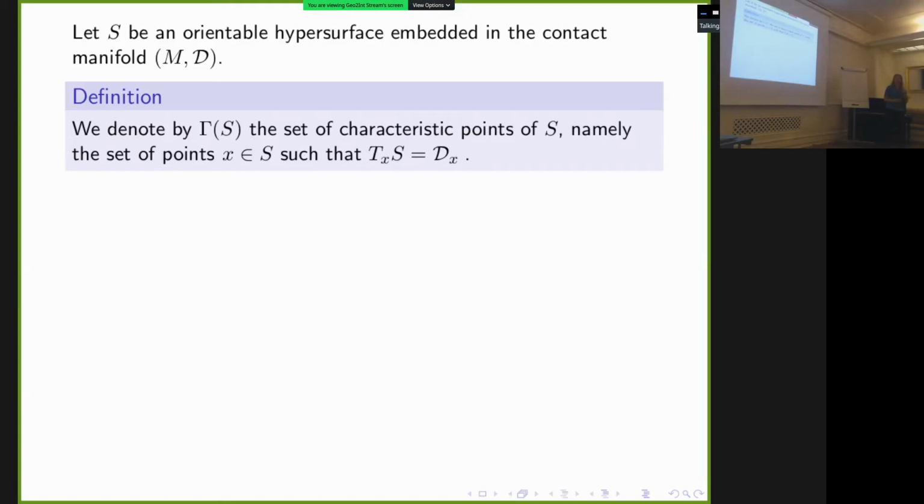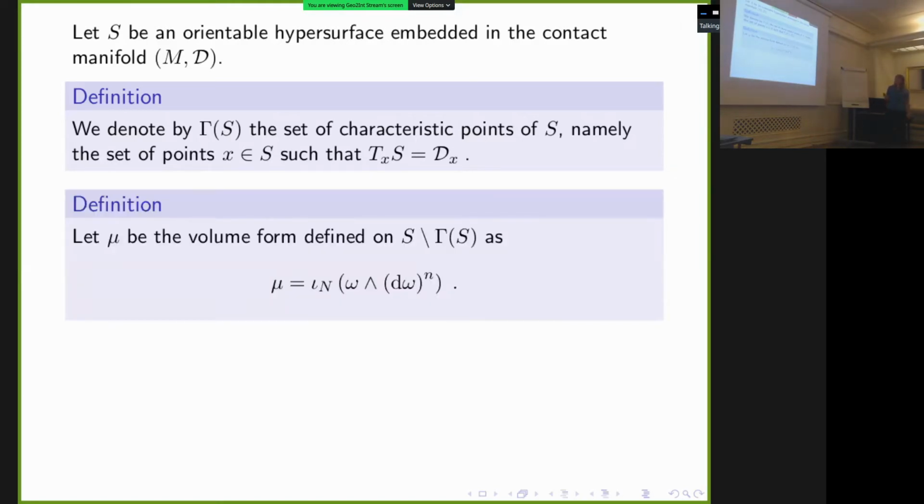To do that, we construct a second-order partial differential operator on the hypersurface, and once we have that, this canonically induces a stochastic process. So I now continue by giving a construction for a second-order partial differential operator on a hypersurface S in this contact manifold MD.